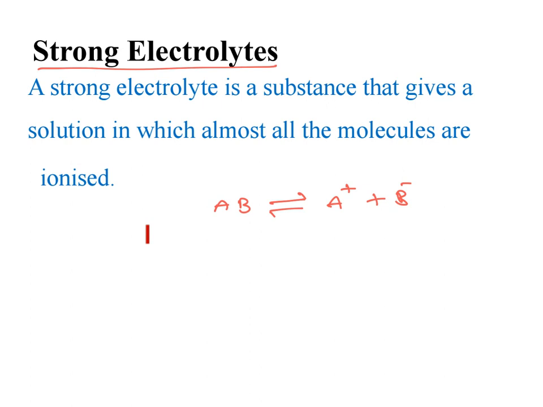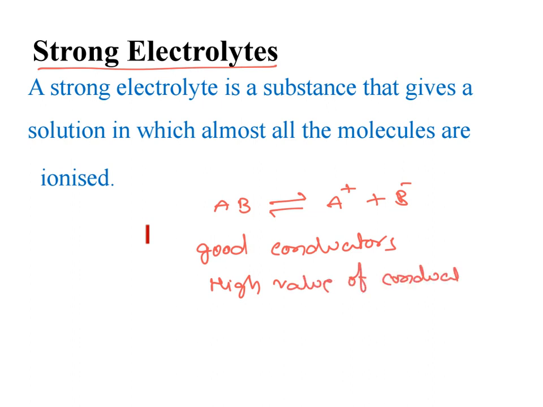These strong electrolytes are good conductors of electricity and have a high value of equivalent conductance, which shows high value of conductance even at low concentration. These are called strong electrolytes.